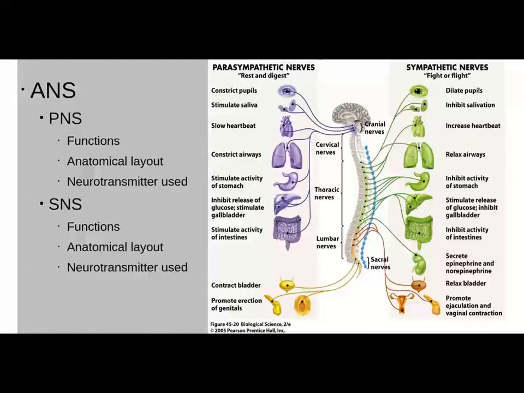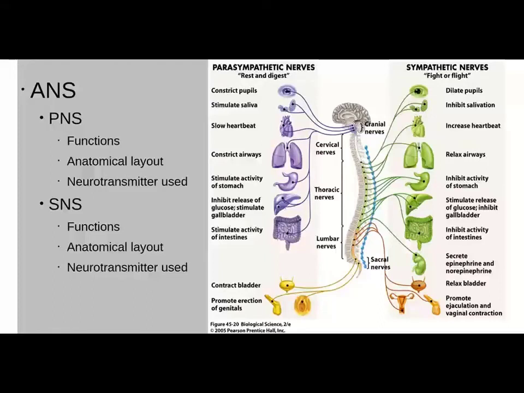And they're laid out a little bit differently structurally. If we were to look at these, there's always going to be two nerves or two neurons, one right after the other. And one of them arises in your central nervous system and runs to a point where it meets with the second neuron. And since we're talking about the peripheral nervous system, remember the ANS is a part of your peripheral nervous system.